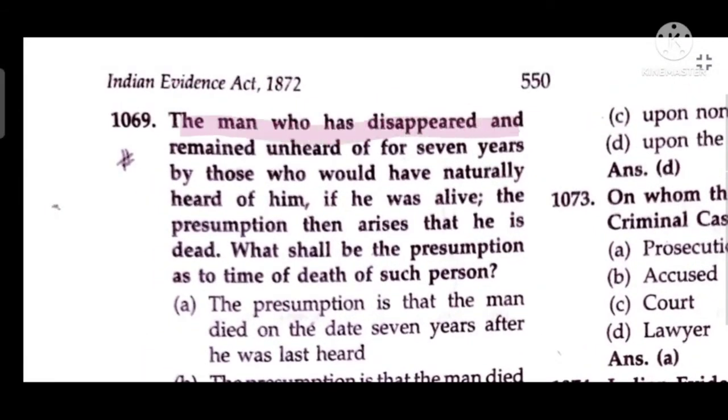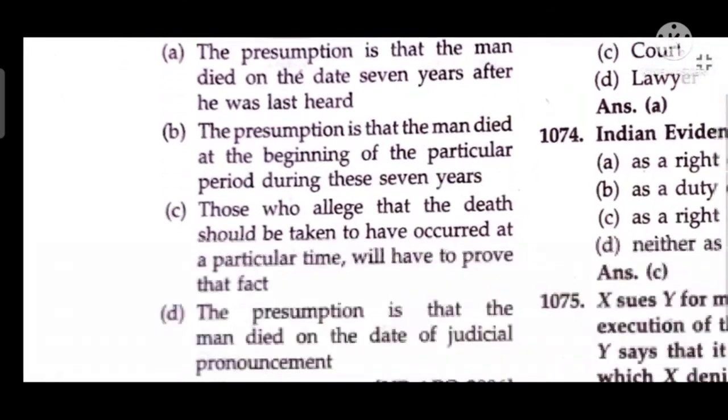A man has disappeared and remained unheard of for 7 years by those who would naturally have heard of him if he was alive; the presumption then arises that he was dead. What shall be the presumption as to the time of death of such person?